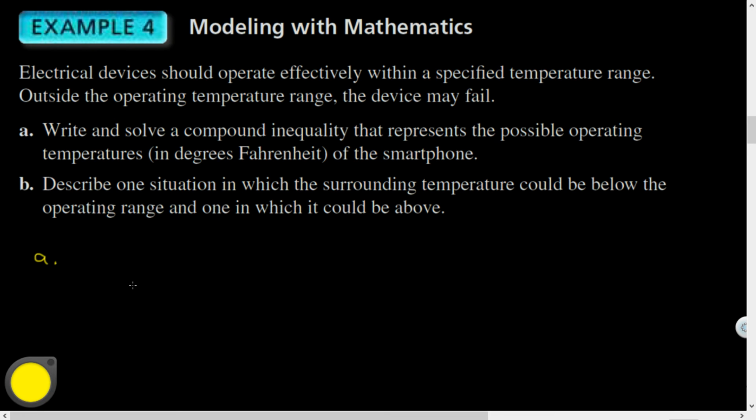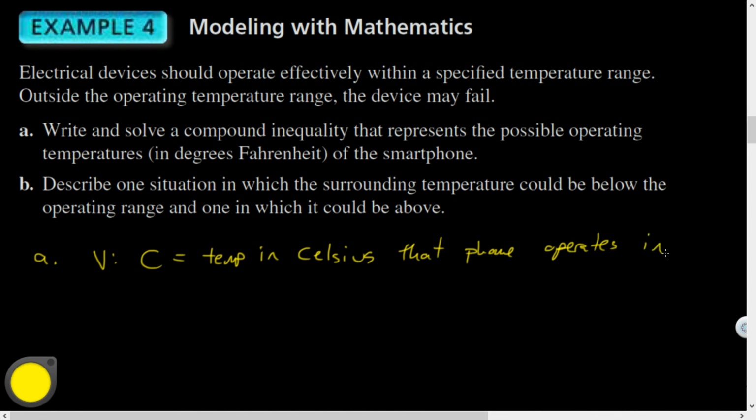So let's write this inequality. For my variable, I'll say C is the temperature in Celsius that the phone operates in. We don't want it too hot or too cold.